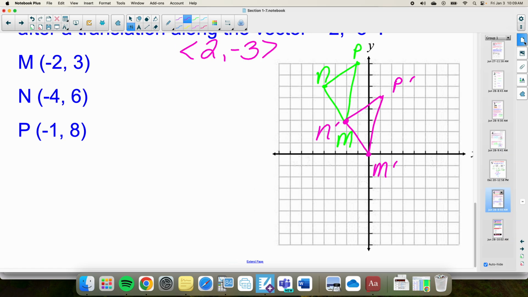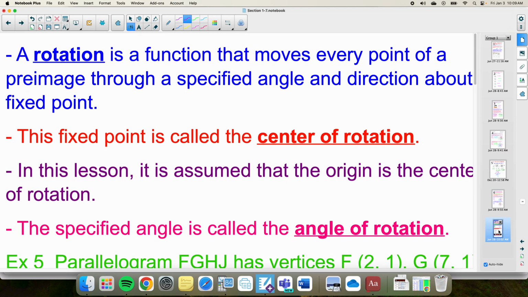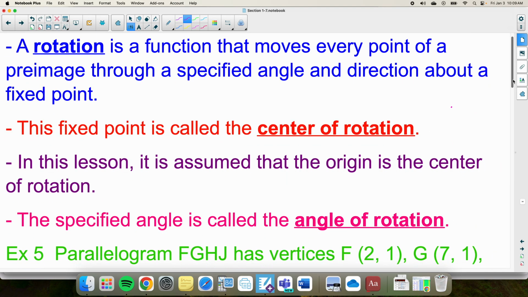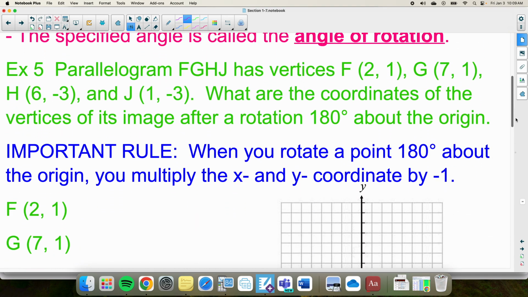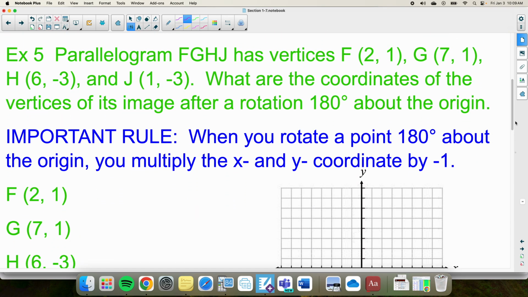All right. Then if we go to this page, the last thing we're gonna do is a rotation. And here's the deal. As I said earlier, if we do a rotation, we have to use a compass and protractor, unless we always do one specific kind, and that's what we're gonna do. So here is our rule.